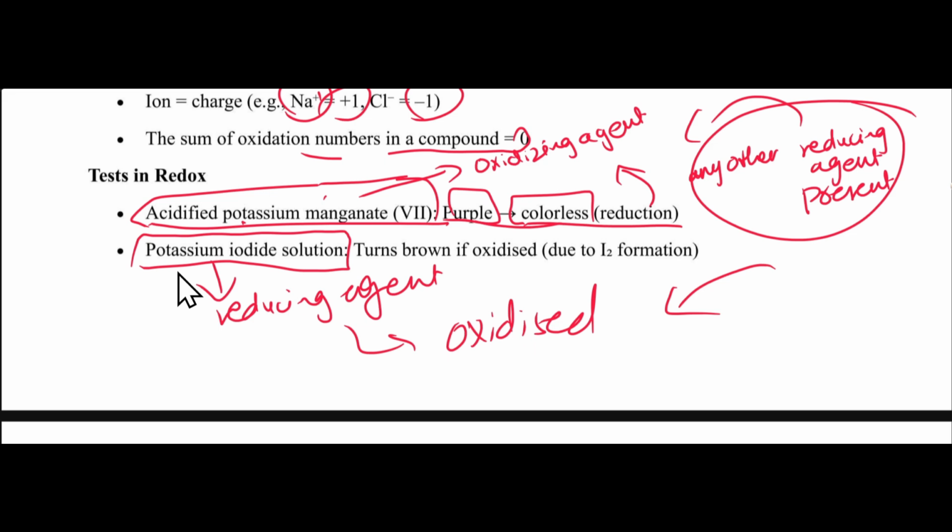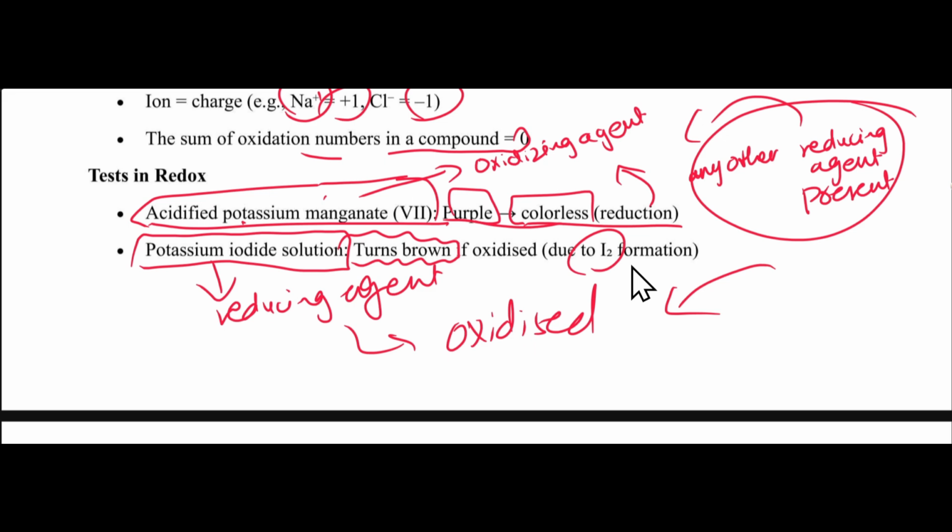If there is a change in color, the brown color of the potassium iodide is because of iodine formation. So if you see the solution change to brown color, it means your final color is brown. Before, there was no color, and later it changed to brown.